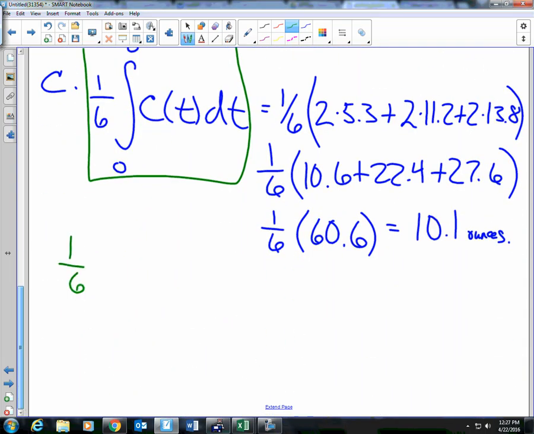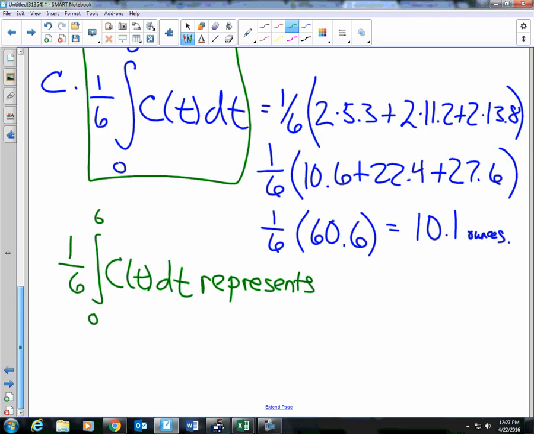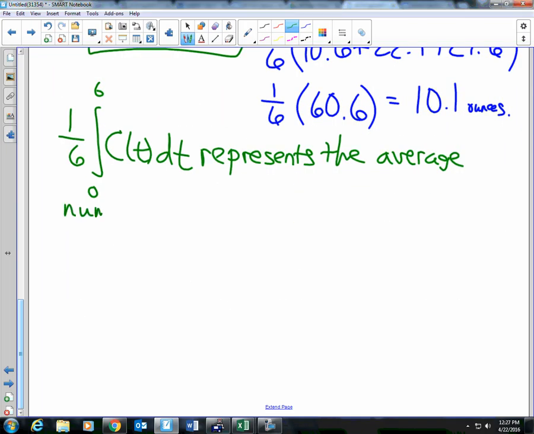1 over 6, the integral from 0 to 6 of C of t dt represents the average number of ounces in the large coffee cup.